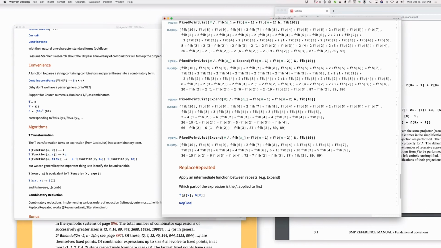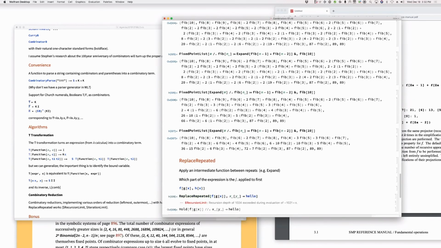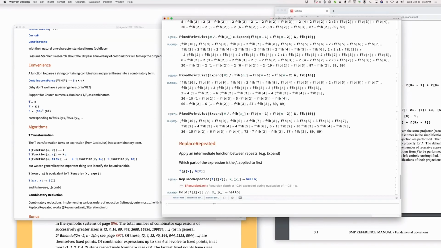If I do a replace repeated, let's say I say x blank of y blank goes to hello, and then I say f of g of x. I got it the wrong way around. Probably still have some f's or g's defined.